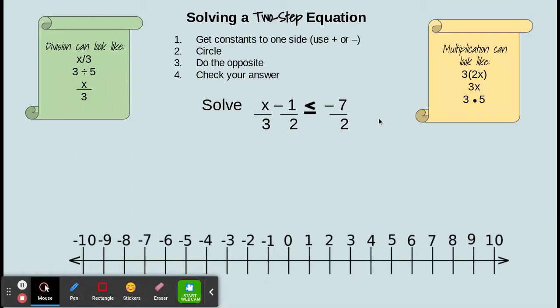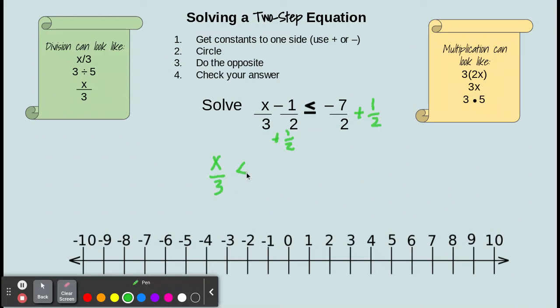Okay. Here is another one we want to do. With this one, our first step is to get this 1/2 out of this side of the inequality. So we're going to add 1/2 to both sides. So then our inequality becomes x divided by 3 is less than or equal to, well, this goes away, right? 1/2 minus 1/2 is 0.